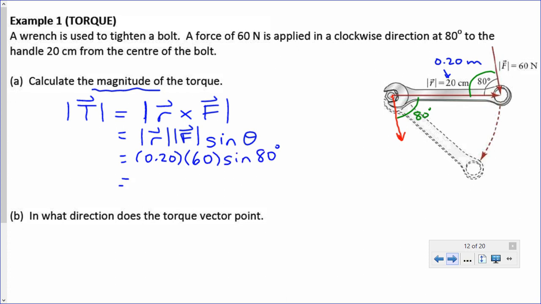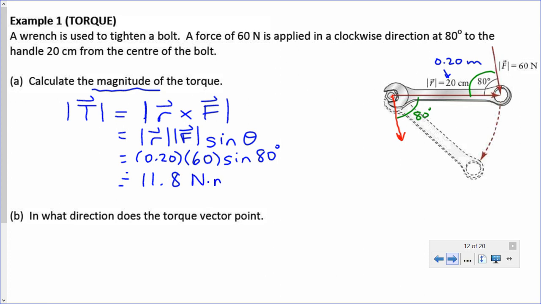Okay, let's see, 11.4. Is it 11.8? Sorry, 11.8 Newton meters.